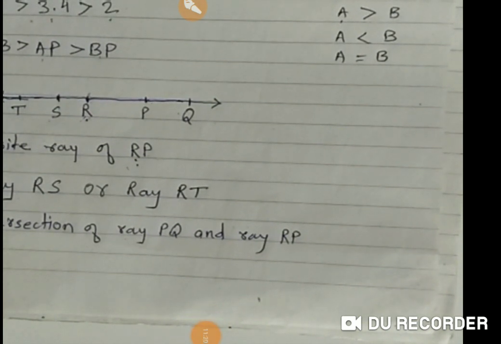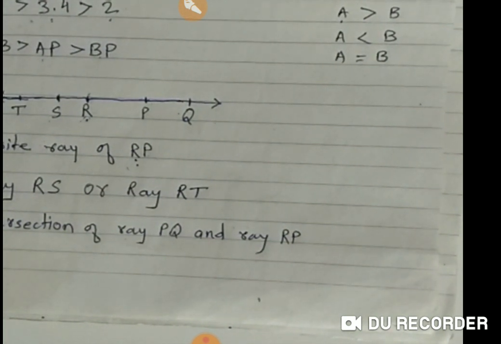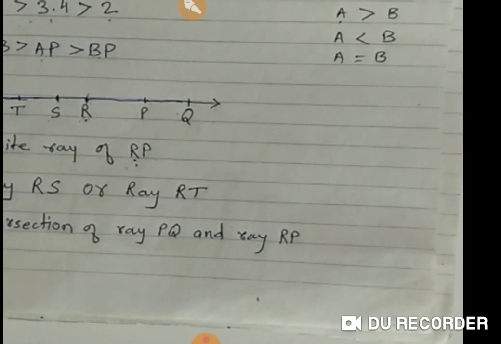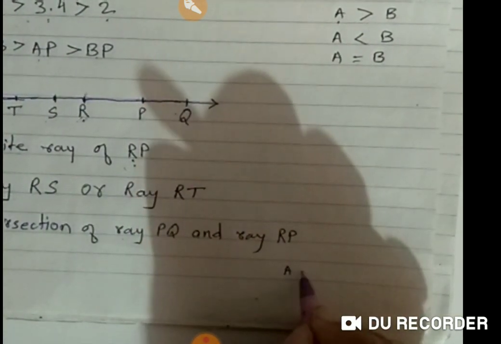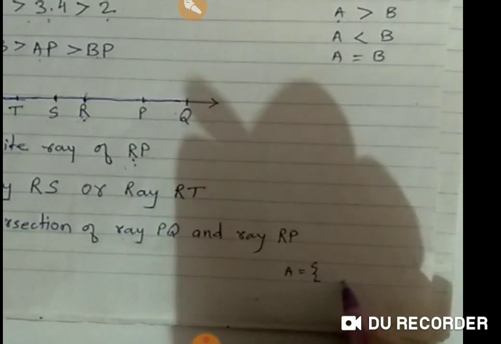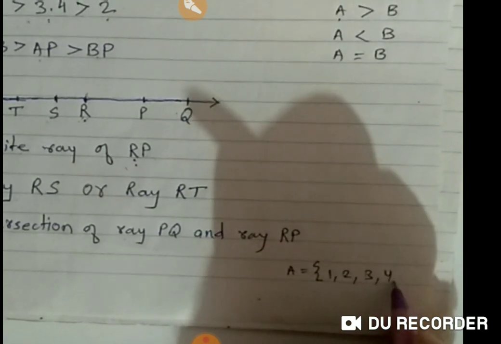As we know, the intersection set of two sets is what is common between those two. So whenever we talk about an intersection set, all the common elements of both these sets will be taken in the intersection set. Here we can take an example. Suppose you have one set A where we have elements 1, 2, 3, 4, 5.